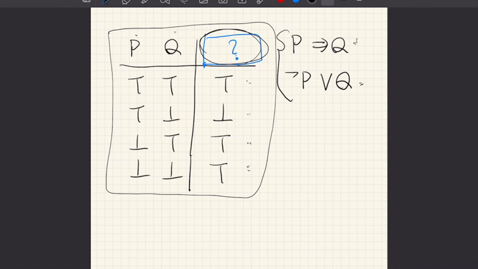So what does it mean? That means these two propositions are equivalent. We cannot distinguish these two based on the truth table which defines them. Okay, so actually this implication is the same as this proposition, not P or Q. So that's why we said implication is not strictly necessary, but we can express this implication in terms of negation and disjunction.